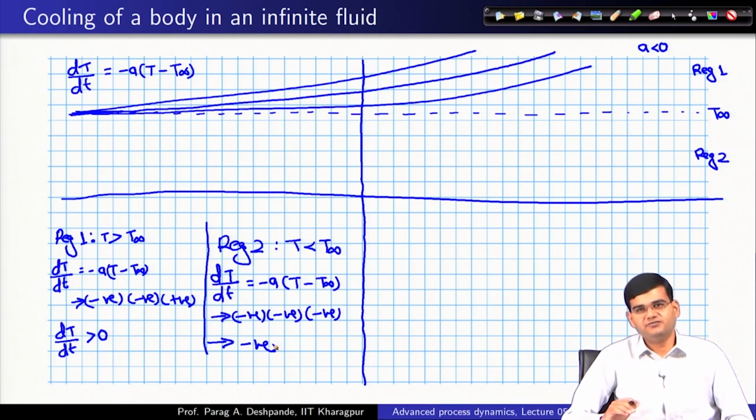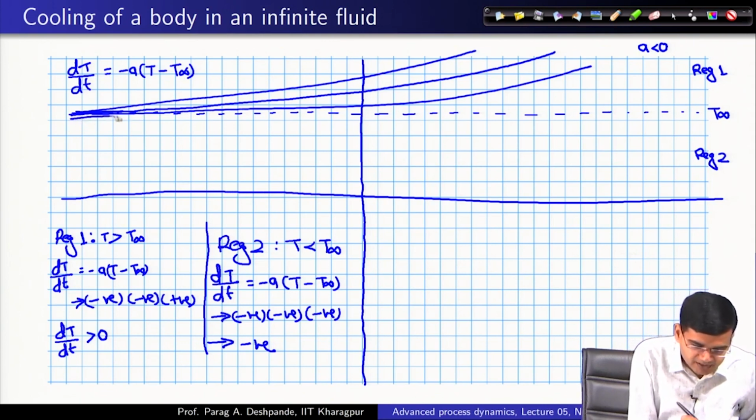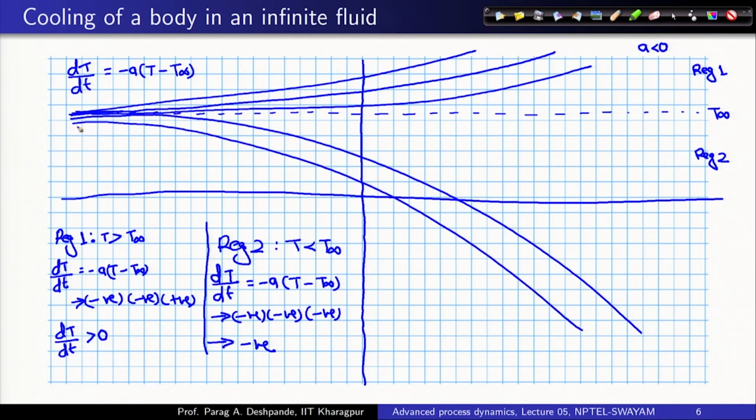Again I have to draw curves such that the slopes are always negative and T infinity is an asymptote, and therefore, the only way I can draw any of such curves is I do this. Okay. So, therefore, for the case where a is less than 0, your phase portrait looks something like this.